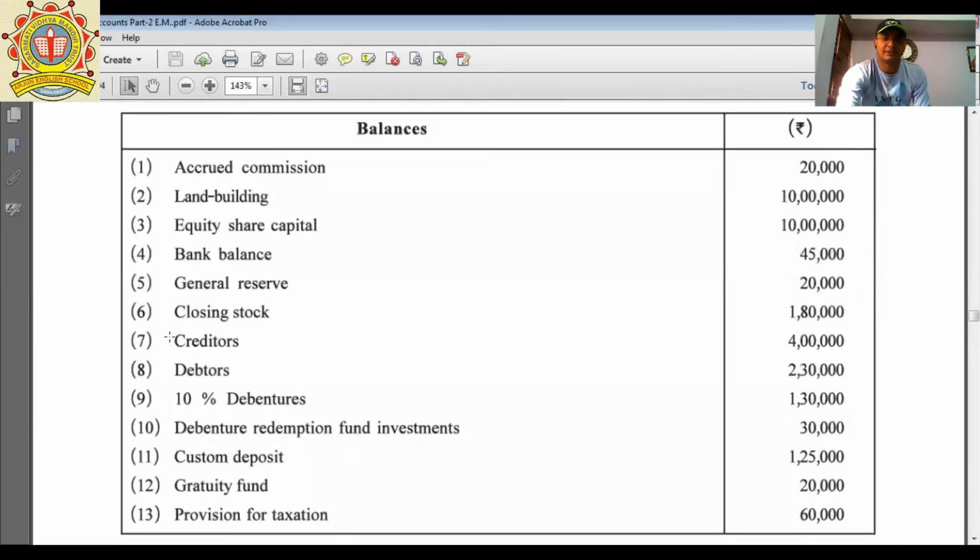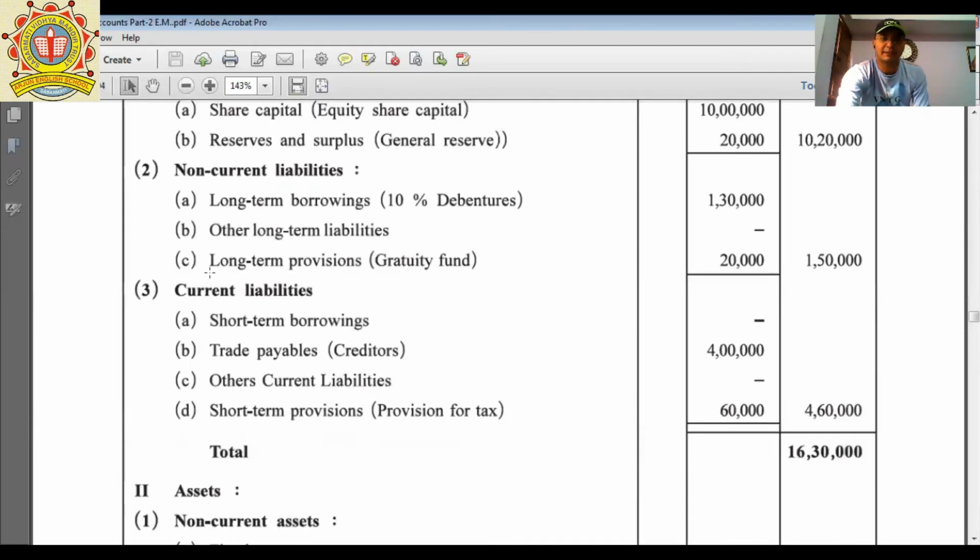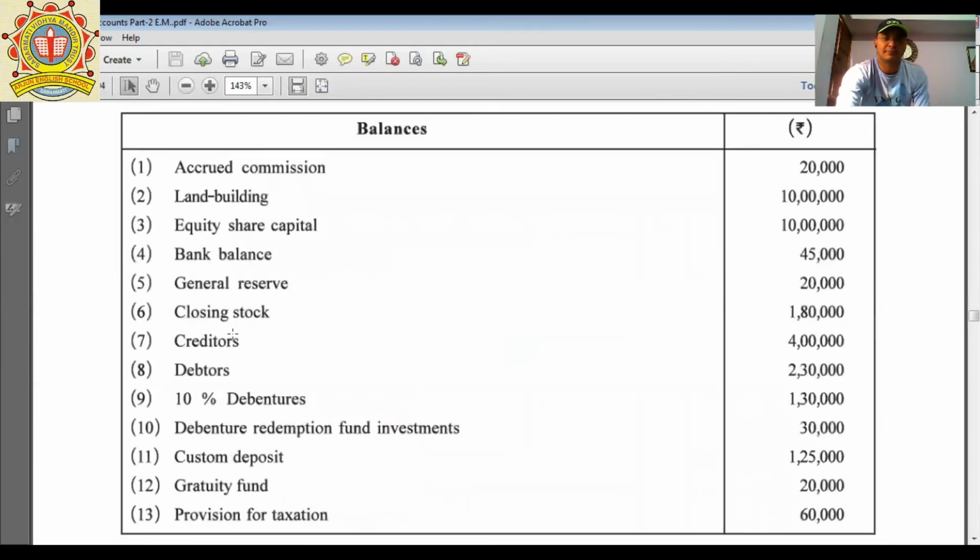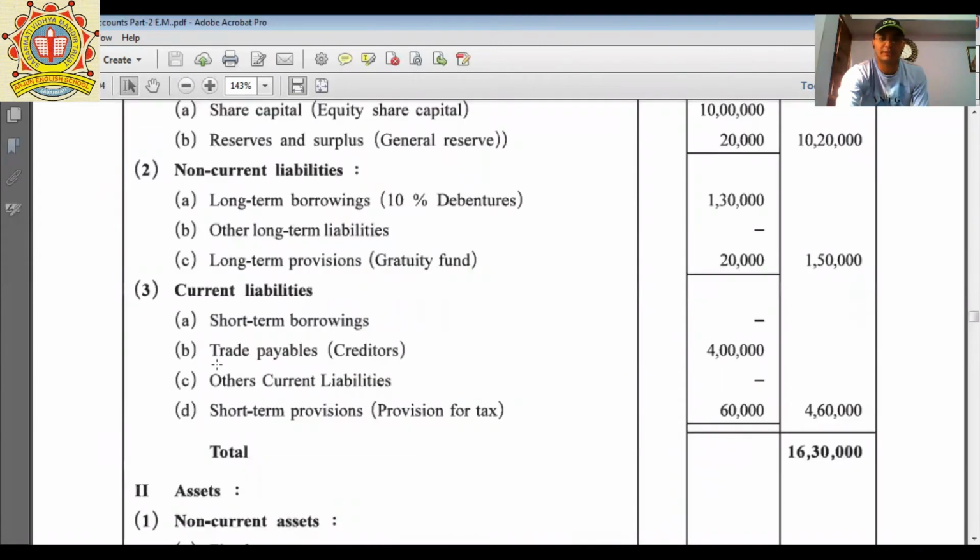Next, creditors. Creditors means trade payables. It is a part of current liabilities. So under trade payables, current liabilities, it is 4 lakh rupees. Debtors, opposite of creditors, is a part of current assets, meaning trade receivables, for 2 lakh 30,000.